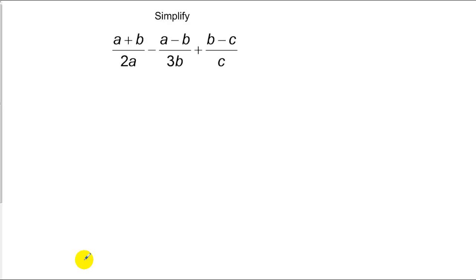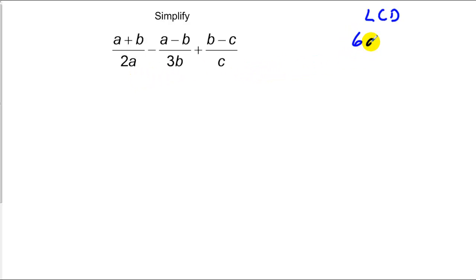A couple more. So in this case, we have three terms, three different denominators. I'm going to need to find an LCD. Then you'll notice in each case that everyone is completely different, so the best way to find the LCD is just to multiply everything together.